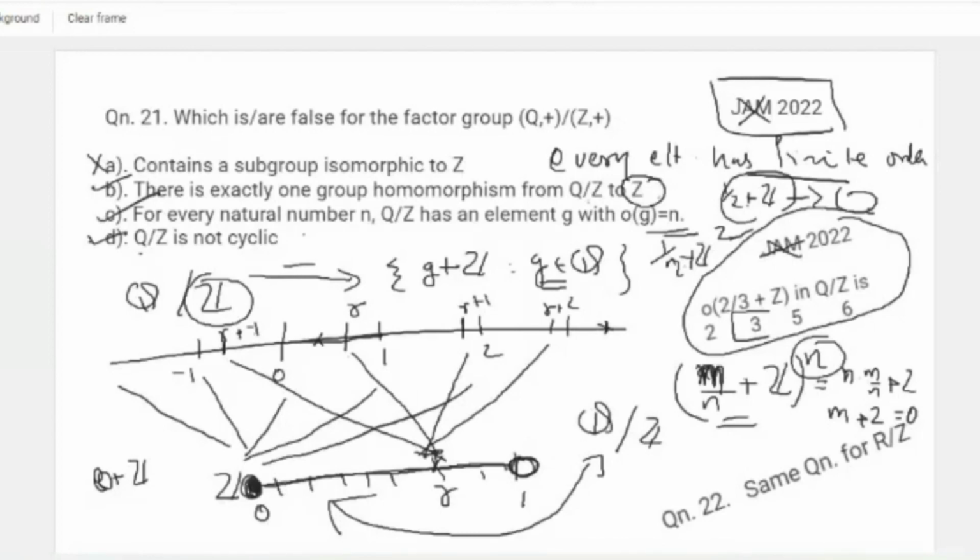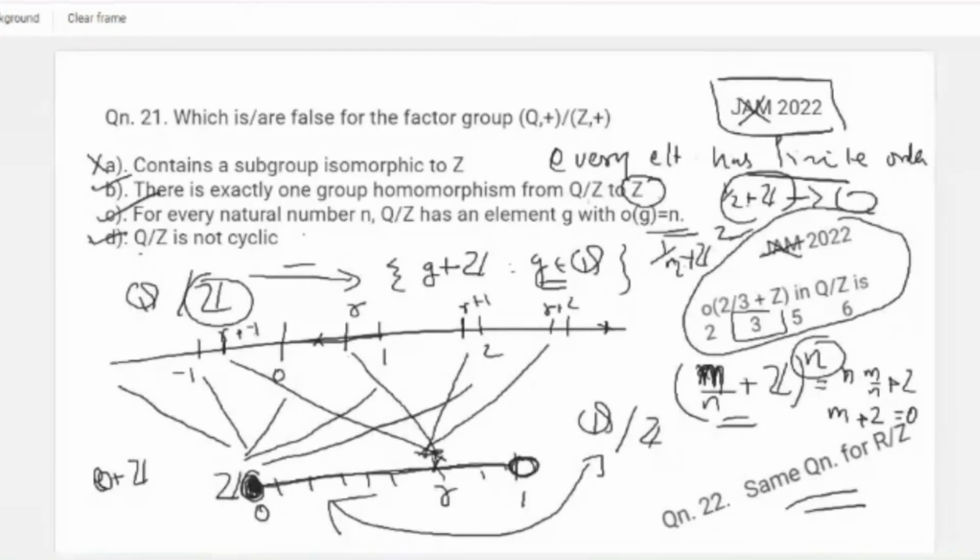The same question you can ask for R over Z. For R over Z, you will get the entire line segment, semi-open, including 0 to 1, with 1 excluded.